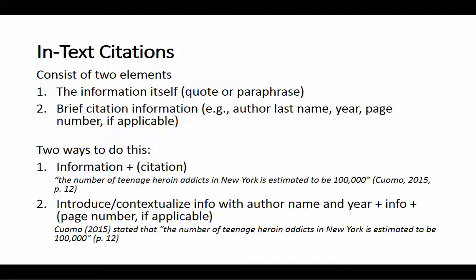That's APA style. So if you think about it, that second method of in-text citing gives your reader more context. Rather than just plopping down a quote or a paraphrase and letting your reader try and figure out, okay, is this the author saying this or is this someone else, you give them that information up front.